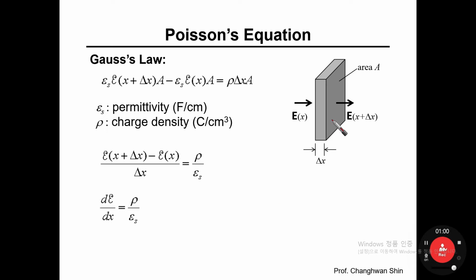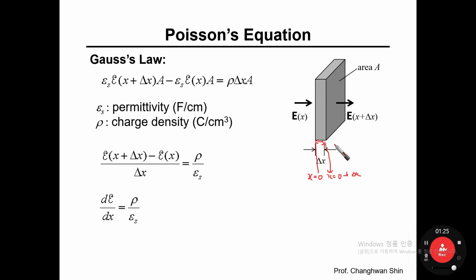Let's suppose that we have a very small infinitesimal volume, and the left edge is defined as x of 0, and the right edge is defined as x0 plus delta x. So the distance between the two surfaces, the left hand side and right hand side, is delta x.